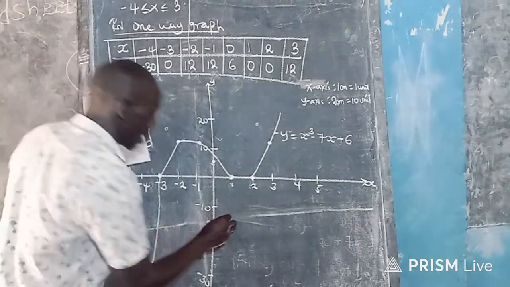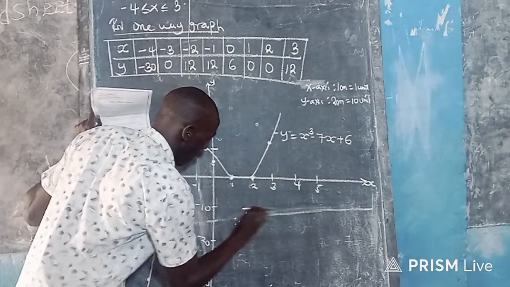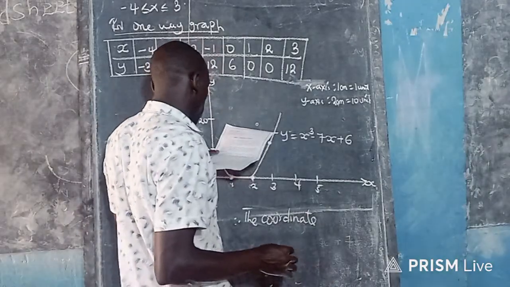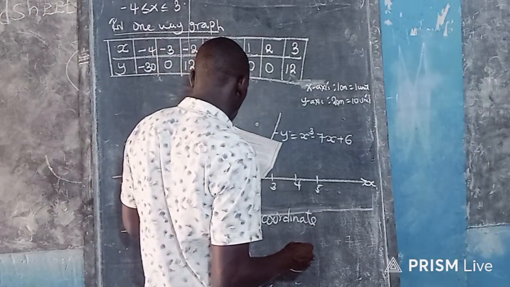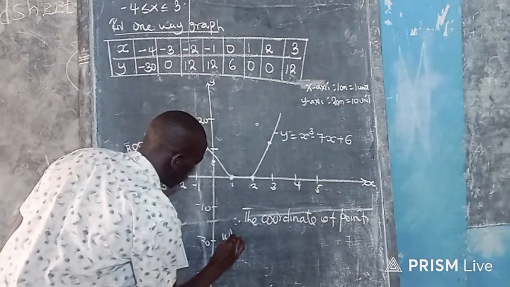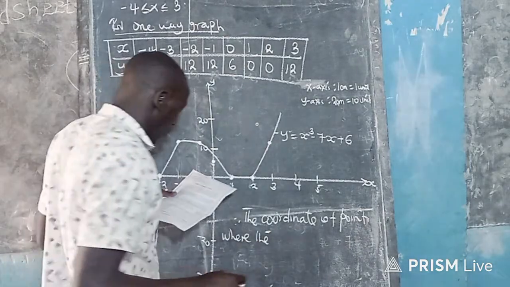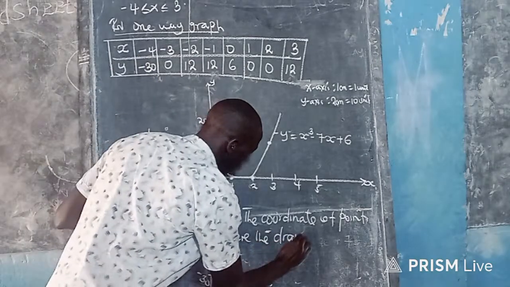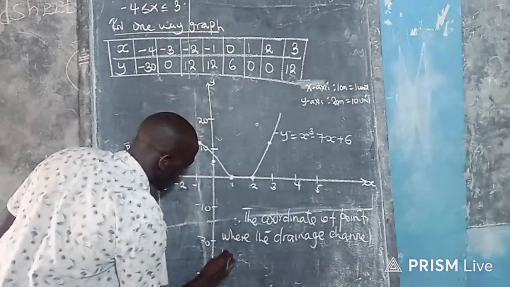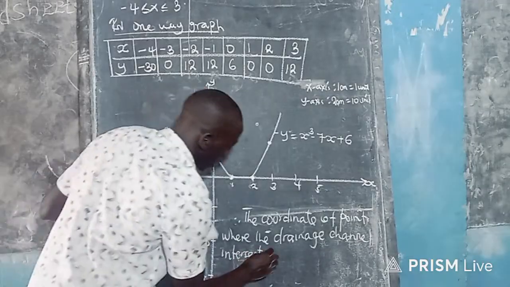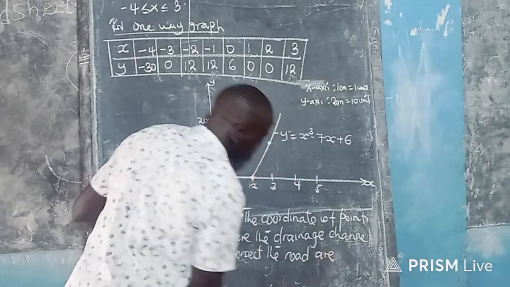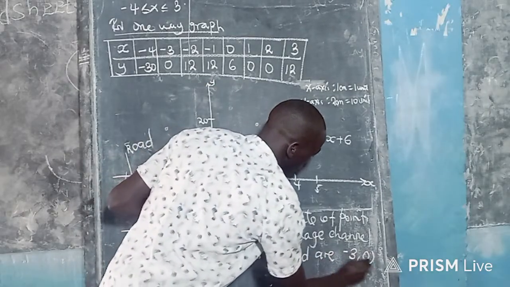Meaning, I will say the coordinates of the points where the drainage channel intersects the road are: the first one is -3, 0.